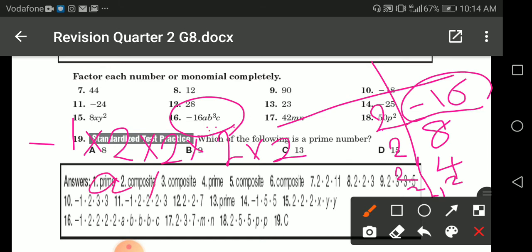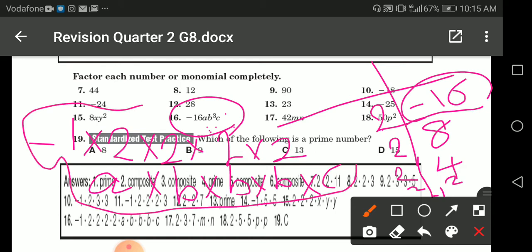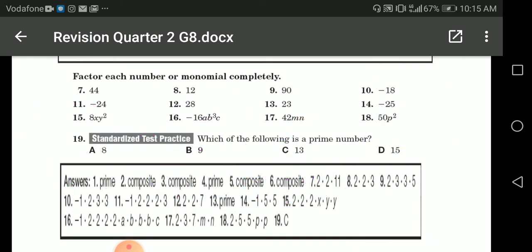We have 3 b's because it's b to the power 3: b times b times b. Then we have c. So the factors here, I've got negative 1 times 2 times 2 times 2 times 2 times a times b times b times b times c.